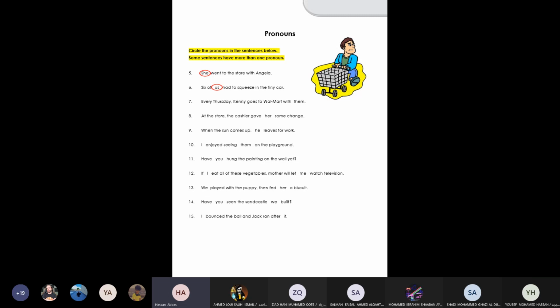So this is about the singular objects. When we talk about plural object pronouns, instead of you, we say you. Instead of they, we say them. And instead of we, we say us. So us here is the plural object pronoun, ya Ahmed Lu'ay.